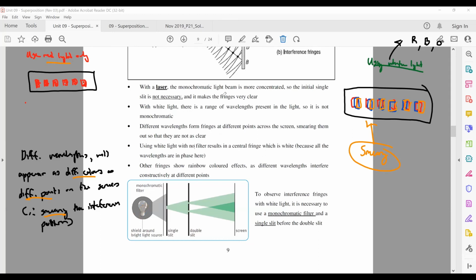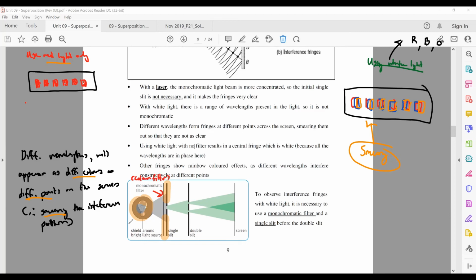You place a single slit here to ensure that your light is coherent afterwards. Before you put your single slit, you put a color filter. This one thin line here is your monochromatic filter or your color filter.